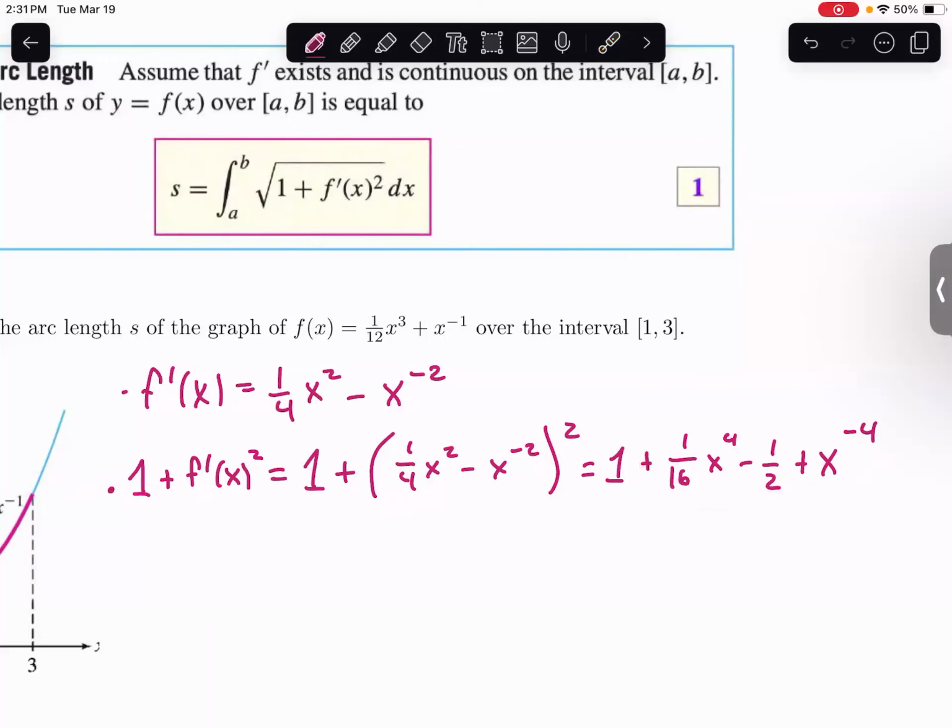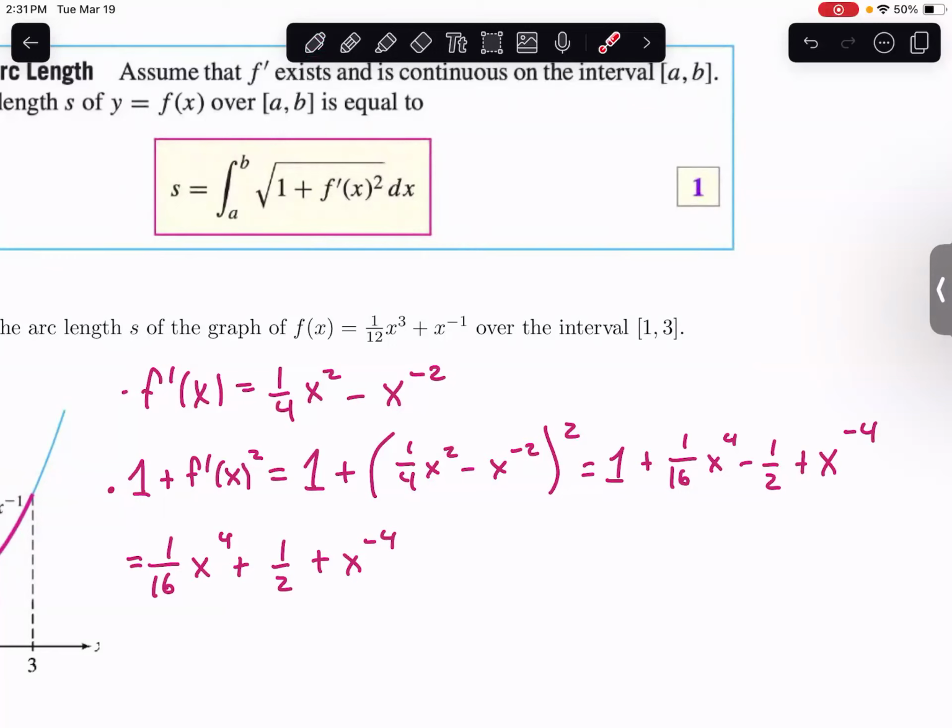It's just algebra. And so this ends up being equal, you have a 1 minus 1/2. So you can rewrite this as 1 over 16 times x to the 4th power plus 1/2 plus x to the minus 4. And then from here, we pretty much have what we originally had.